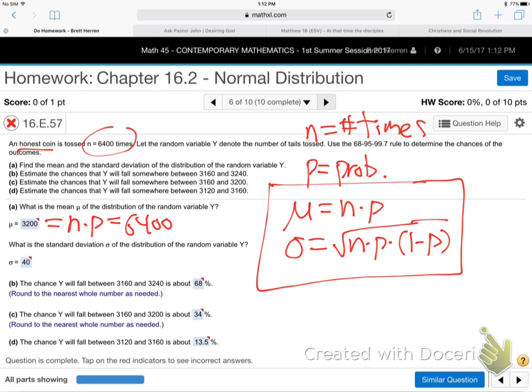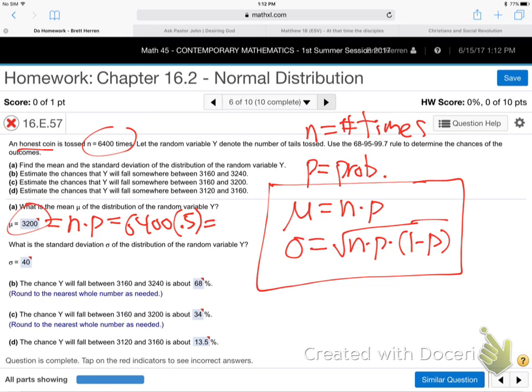They can put a little weight inside of a die, so it'll tend to be heavier on that side and land and make the opposite number come up. Those are dishonest dice. So this is just an honest coin. It's a totally fair, regular coin, 50-50. So it's 6,400 times 0.5, which comes out to be 3,200.